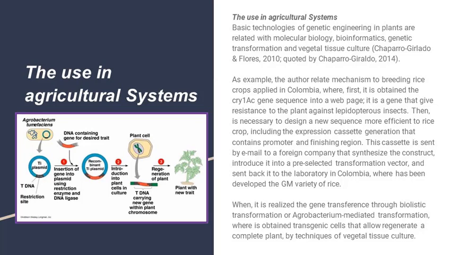This cassette is sent by email to a foreign company that synthesizes the construct, introduces it into a pre-selected transformation vector, and sends it back to the laboratory in Colombia, where the GM variety of rice is developed. When gene transfer is done through biolistic transformation or agrobacterium-mediated transformation, transgenic cells are obtained that allow regenerating a complete plant by techniques of vegetal tissue culture.